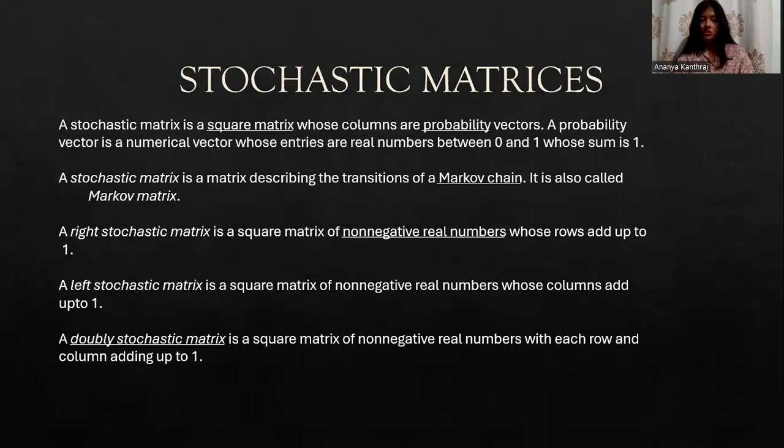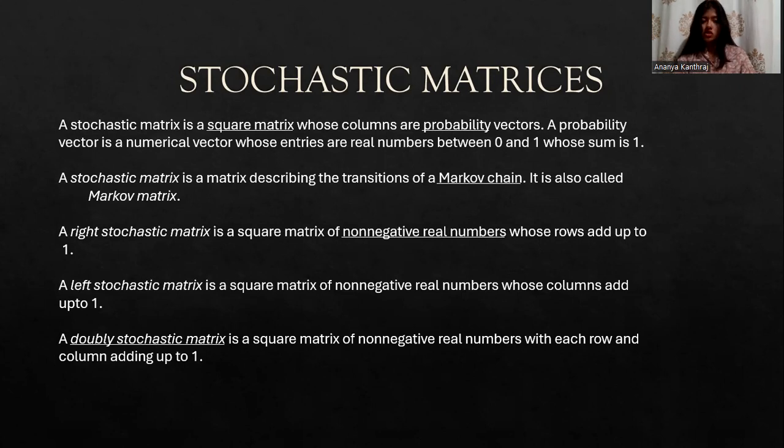Next, a stochastic matrix is a matrix describing the transitions of a Markov chain. It is also called the Markov matrix.